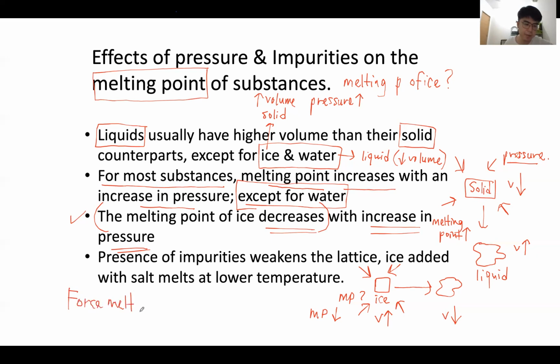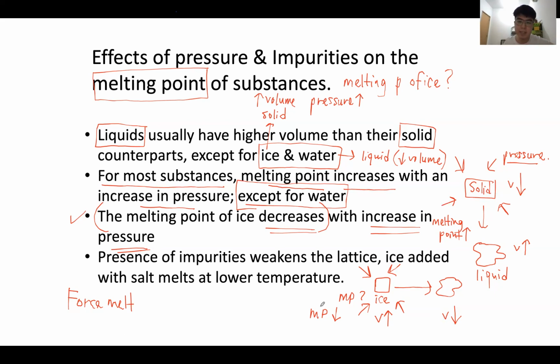Okay, they can force melt something using pressure. Because if you have high pressure, without much heat energy, you can still melt it. It's because of this reason. So high pressure lowers the melting point, so we can force melt even before it reaches the melting point.